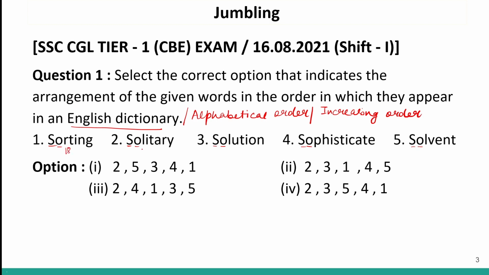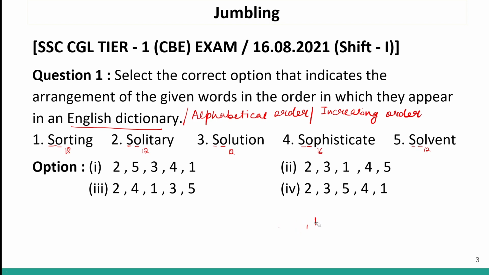L is ranked at 12. L is ranked again at 12. P is ranked at 16 and L again 12. So I know that the first three will be 2, 3 and 5, which order we don't know. So fourth position will be 4 and fifth position will be 1.